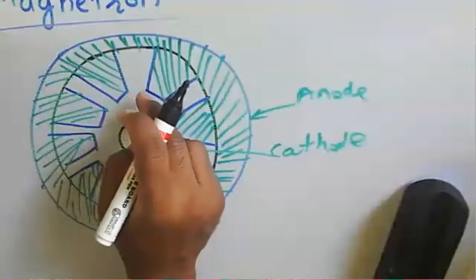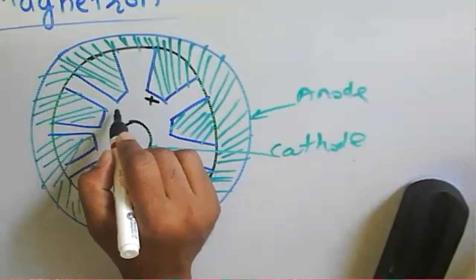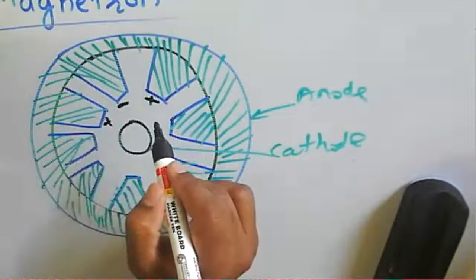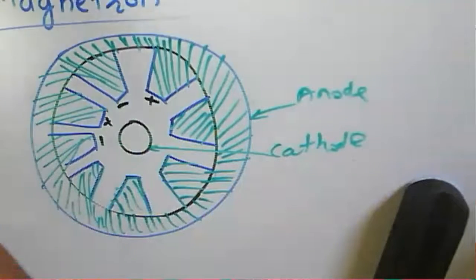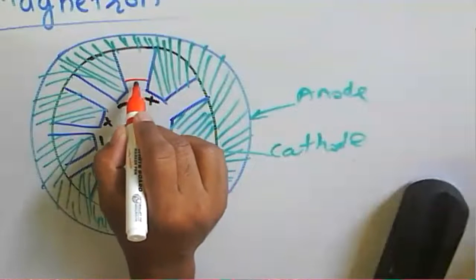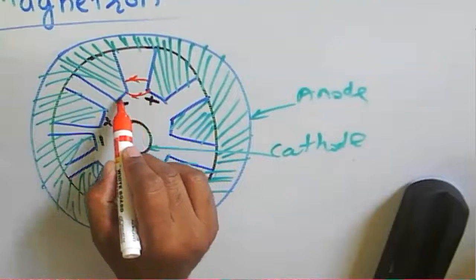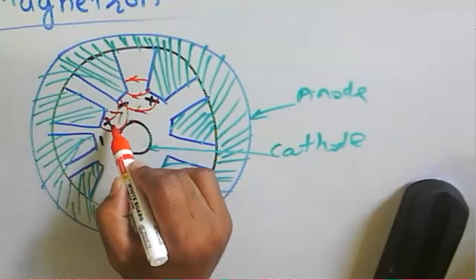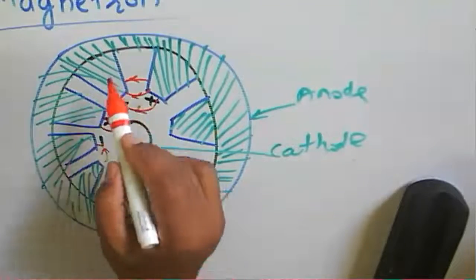In this particular region, here it will be positive and this will be negative. Because of this positive and negative, there will be a field. It emanates from the positive and terminates at the negative. This one is an electric field, from the positive to the negative. Likewise, we have the field.